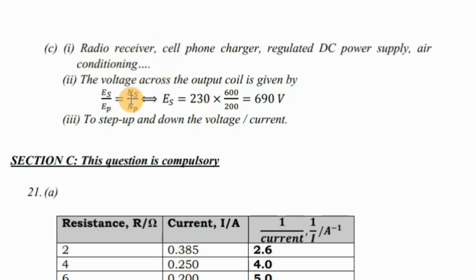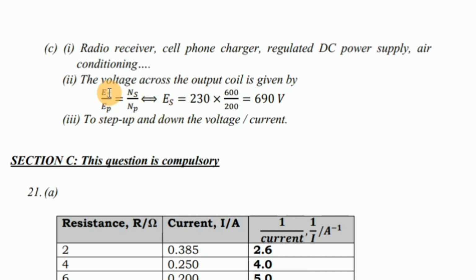To do that question, you have to use the transformer equation. We know that the voltage secondary divided by the voltage primary will be equal to the number of turns of secondary divided by number of turns of primary. Remember that the secondary is output, primary is input. If we do the cross product, it is simple.